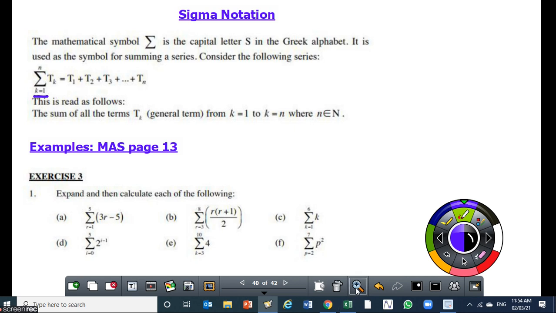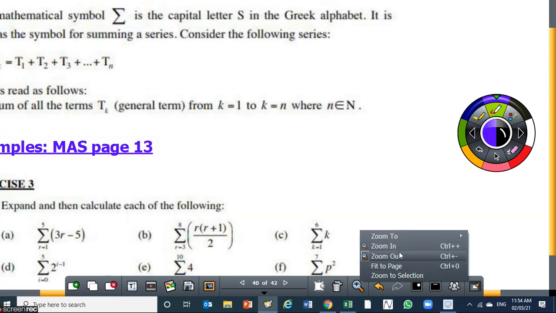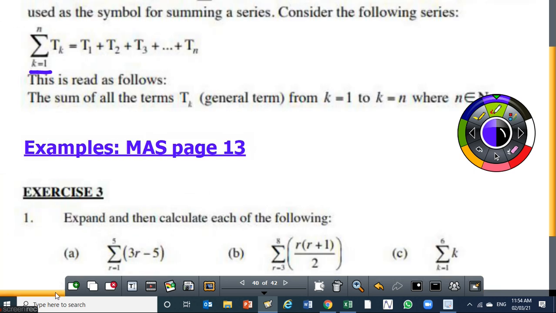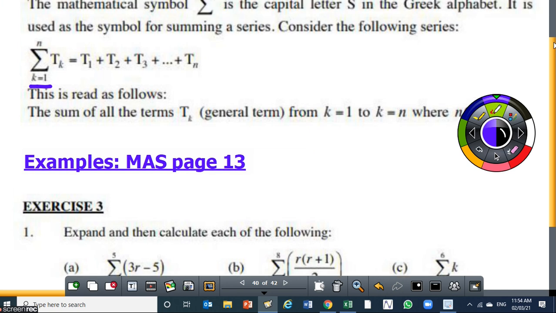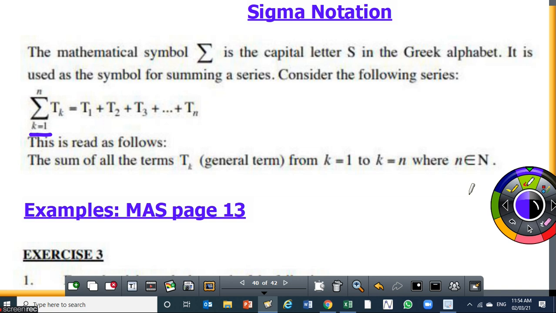Alright, if you can't see, let me zoom this. Yes, this is k equal to 1, and then the top there, that's n.